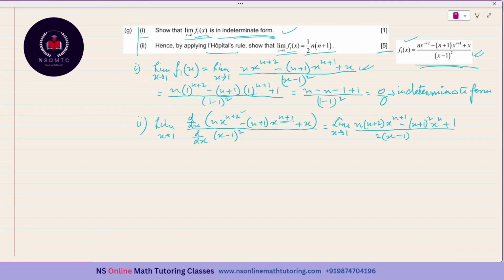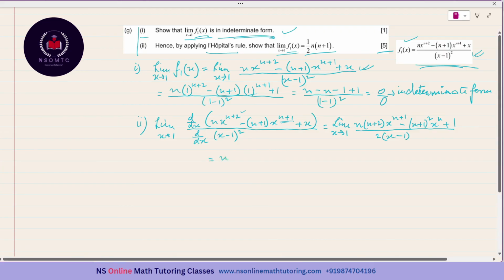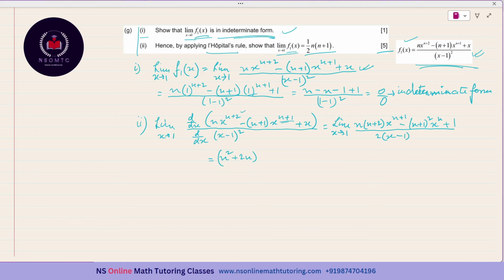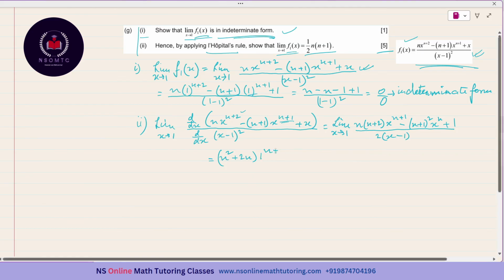Okay. And now let us substitute 1 in the place of x and let us see what expression we get. Equal to n square, let me write n square plus 2n. And 1 to the power of n plus 1 minus n square plus 2n plus 1.